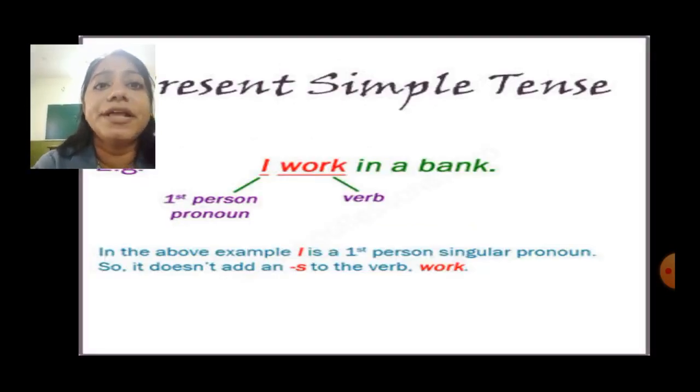Present simple tense. I work in a bank. Now I is the first person pronoun and work is the verb. In the above example, I is a first person singular pronoun, so it does not add an s to the verb work.